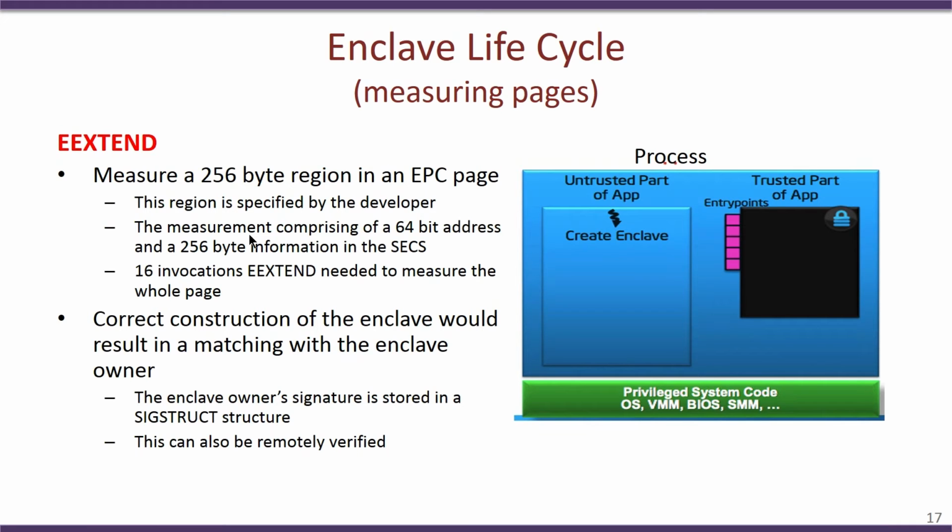So, construction of the enclave would result in a matching with the enclave owner. This is where we obtain some level of integrity, because when an enclave gets created by an application developer, the developer could specify which regions in the various EPC pages should be measured. He could also specify a particular signature for those EPC pages.